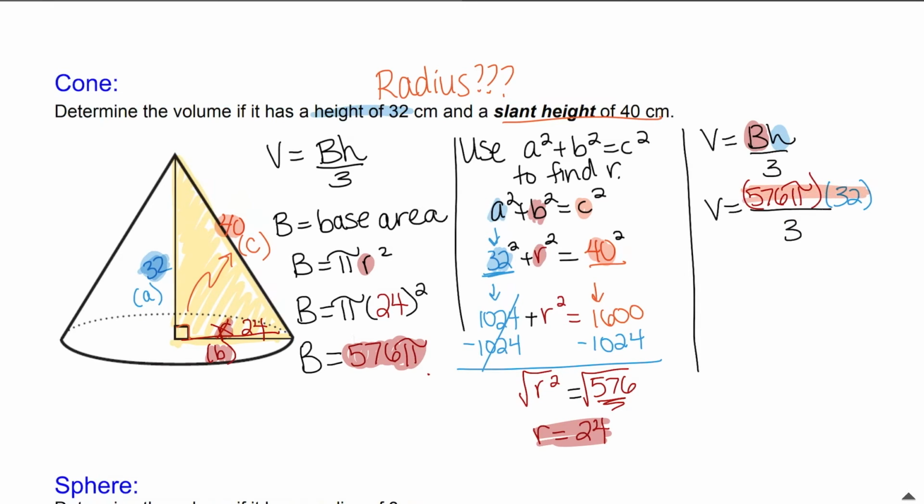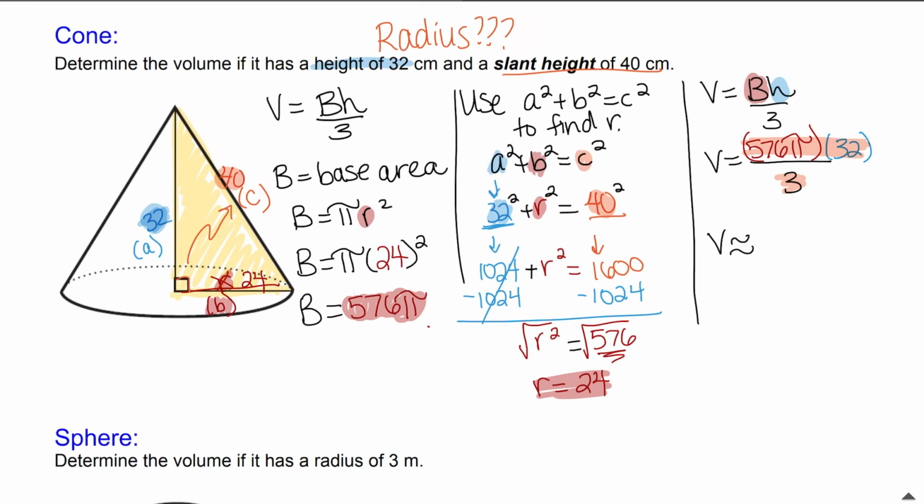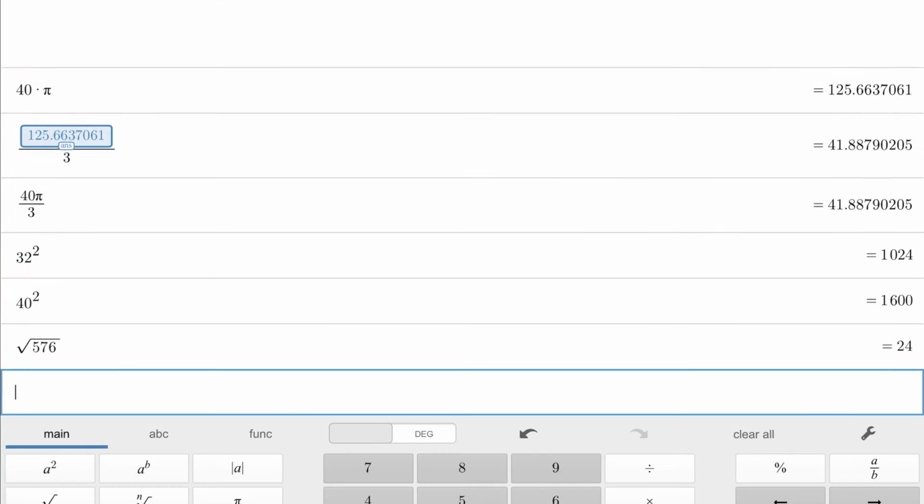Now I can just multiply these numbers together and then divide by 3 straight into my calculator, and I will get my answer. We'll round to the nearest tenth this time since it doesn't tell us what to do. So just make sure though that when you do this, you use the fraction key, which is the division sign. That'll help you get the right answer. So watch this.